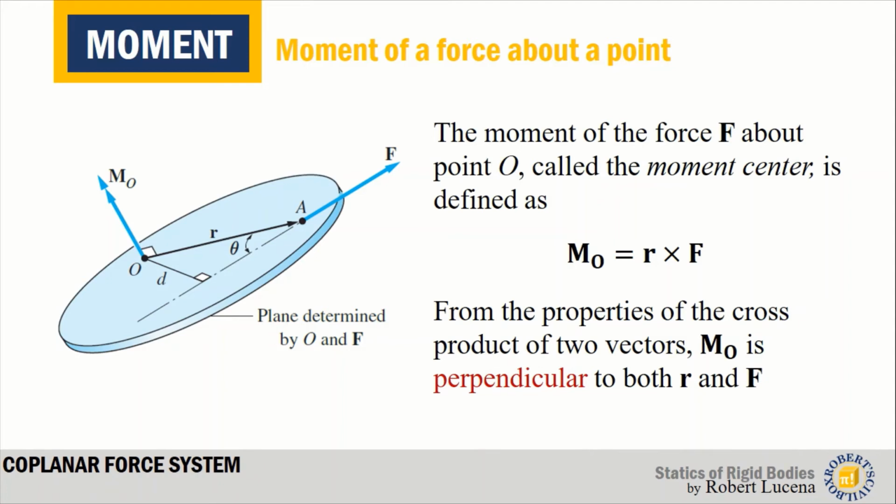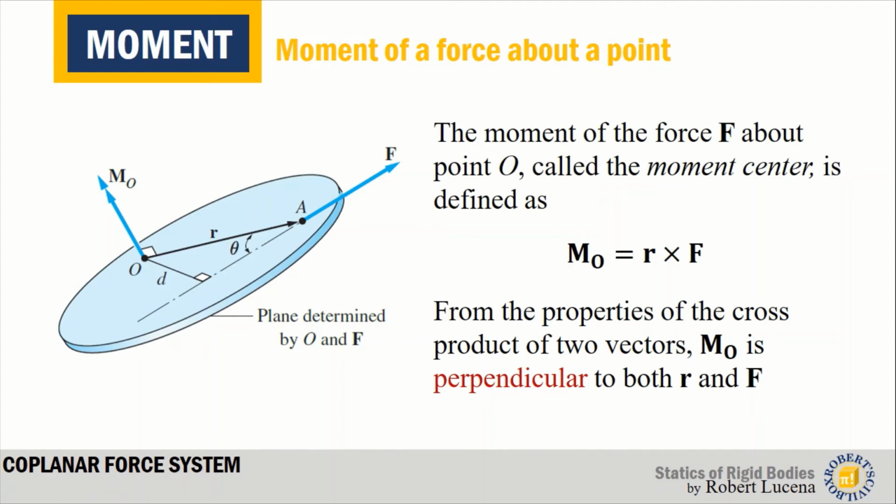Now, from the properties of the cross product, if you get the cross product of two vectors, you have a product that is another vector that is also orthogonal to the two vectors. So if you want to review on that, I have also uploaded a video about multiplication of vectors.